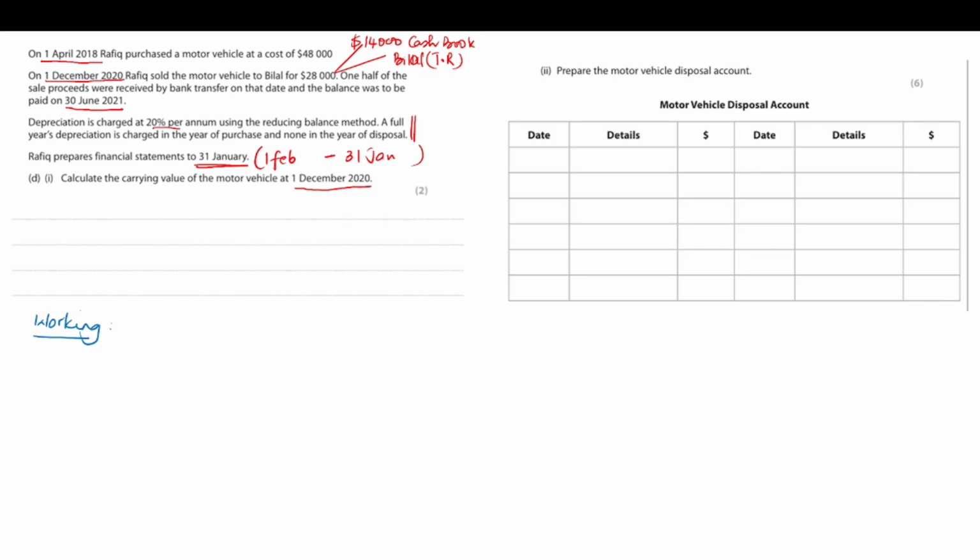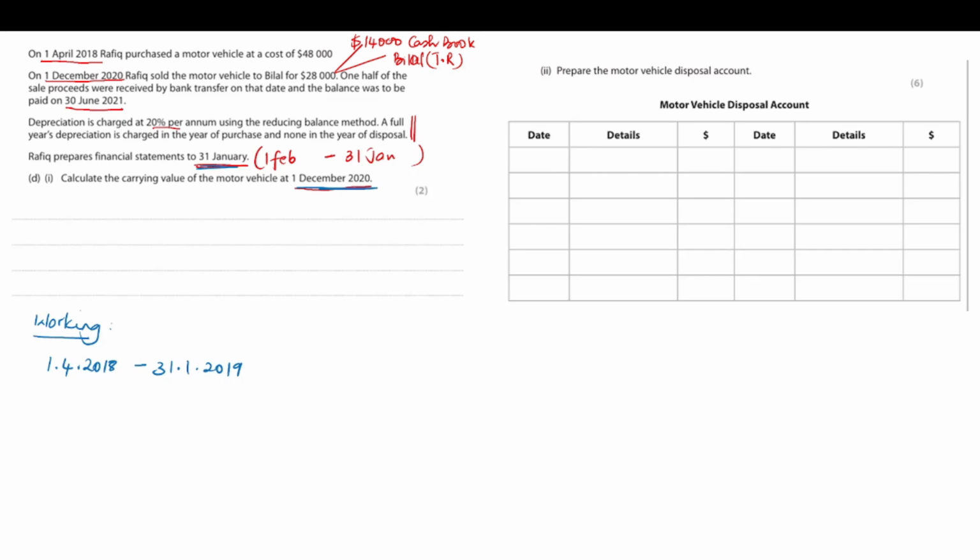For easy understanding, we will write the financial year. So the financial year starts with 1/4/2018 to 31st January 2019. When was it sold? It was sold on 1st December 2020. So we should go till there.